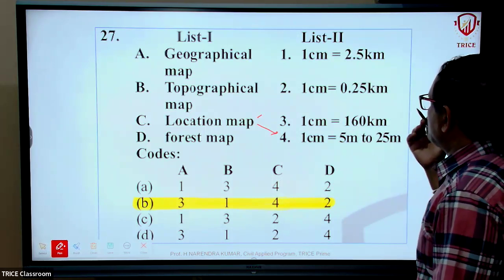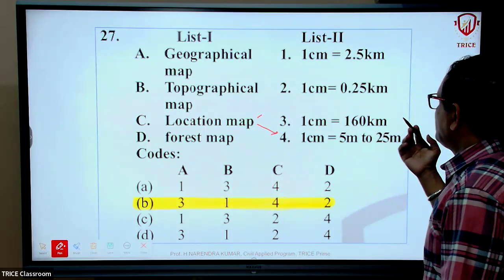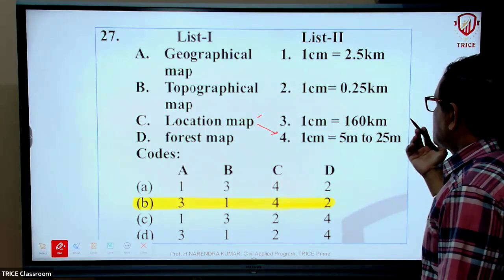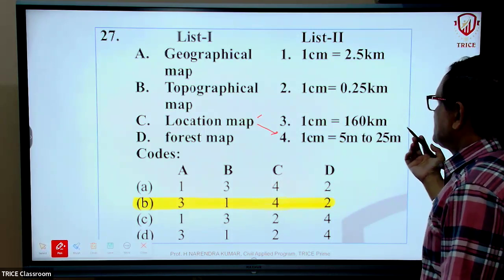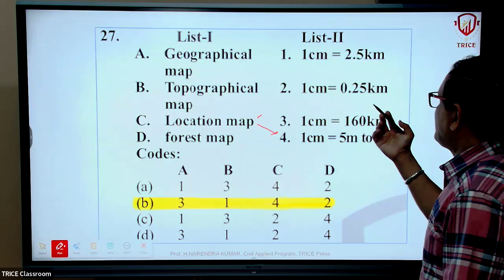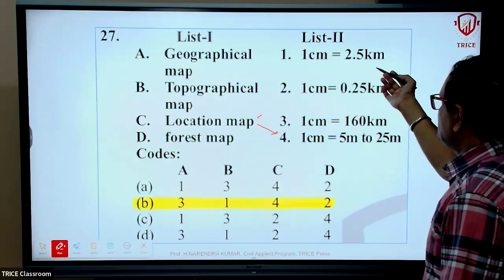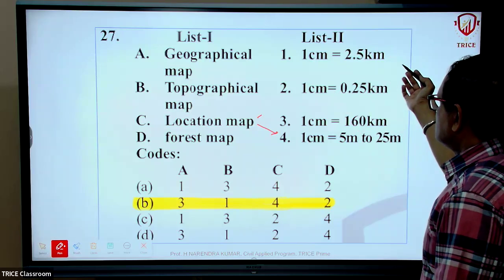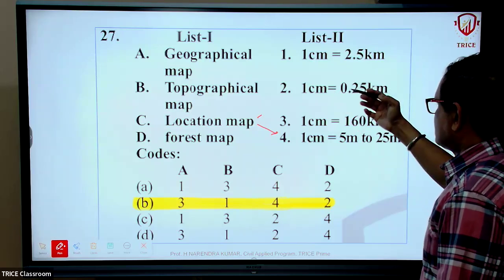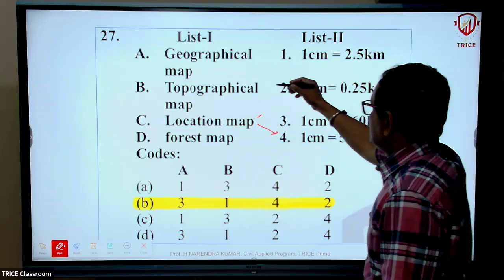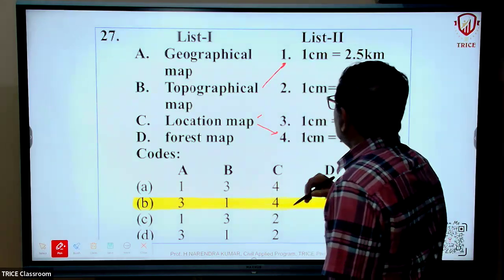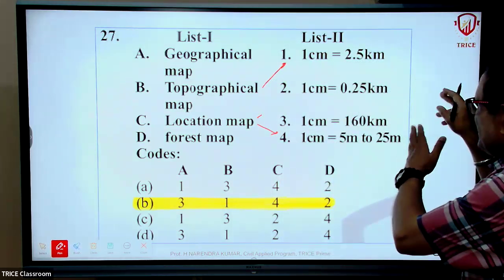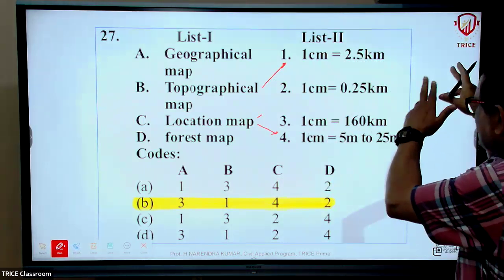1 centimeter is equal to 2.5 kilometer. 1 centimeter is 0.25 kilometer. 1 centimeter is 160 kilometer. Usually the topographic map is created for 1 centimeter is equal to 2.5 kilometer. Okay, so this will be B1. There is a range. Here the problem is it is not exact.